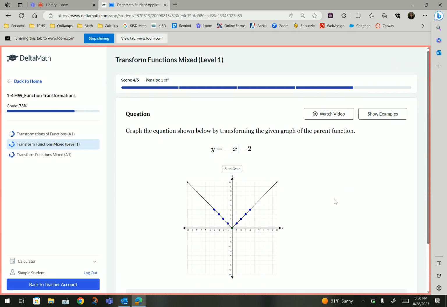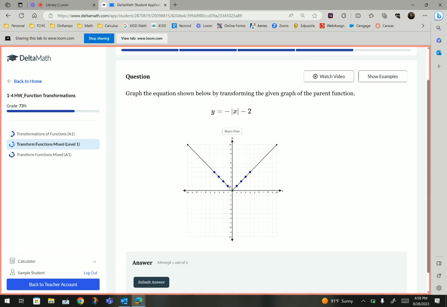Let's try another one. Okay, so this has a little bit more to it. So y equals negative absolute value of x, -2. So now, here's a little bit different things going on, okay?